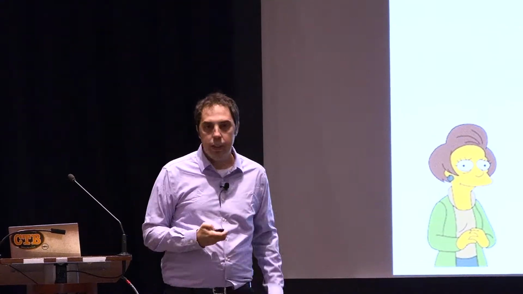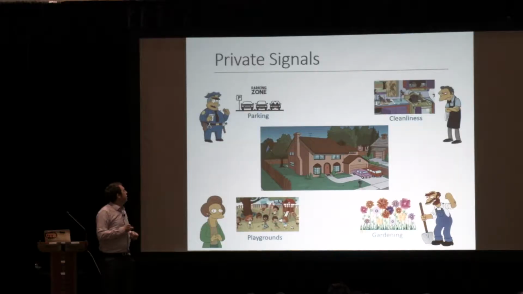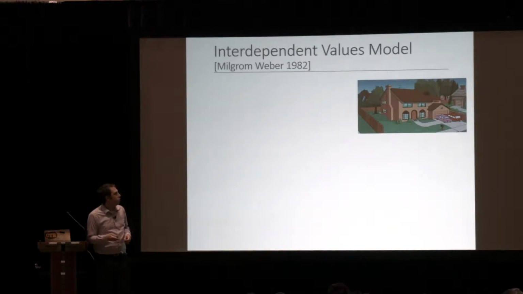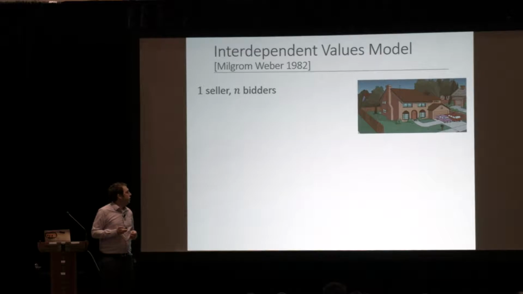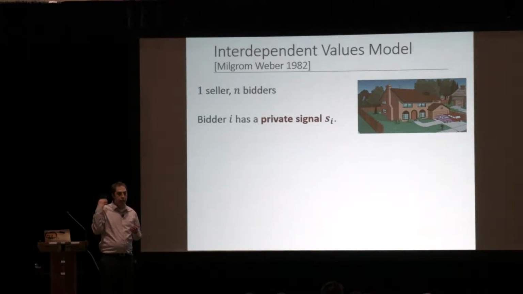And this is captured in the interdependent values model by Milgrom and Weber. In this model, we have one seller and n potential buyers. Each one has a private signal, a private inspection in the last example. For instance, the gardening situation or the rats.